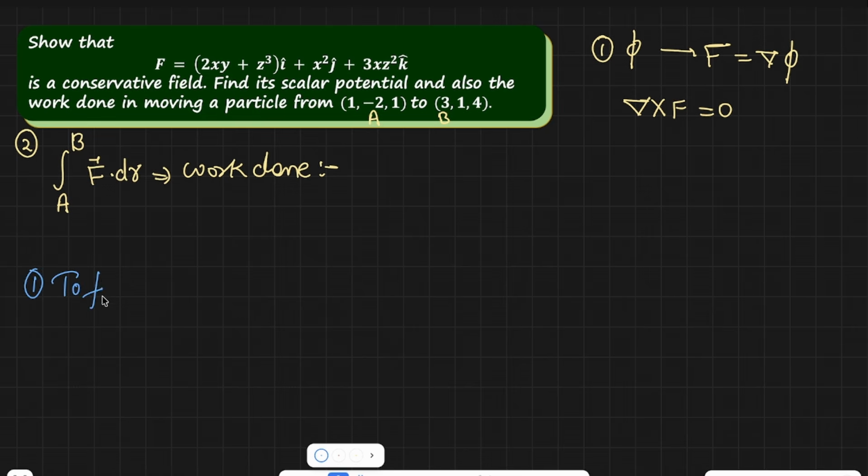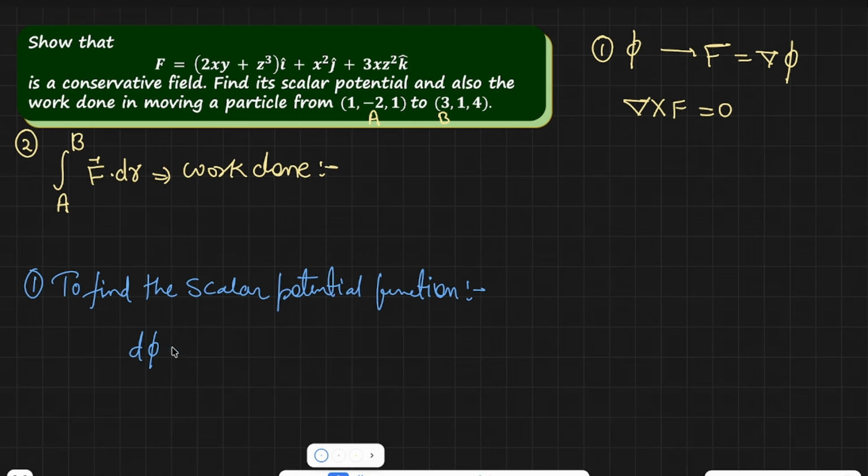to find the scalar potential function, you write d phi at the place of f, 2xy plus z cube, I replace with dx, x square, j replace with dy, 3xz square replace with dz.